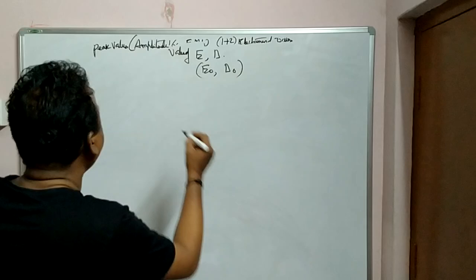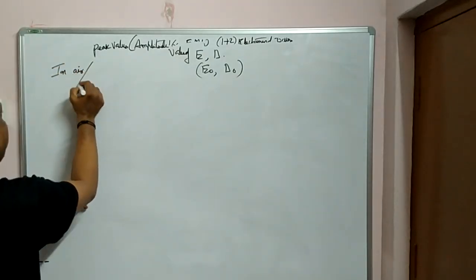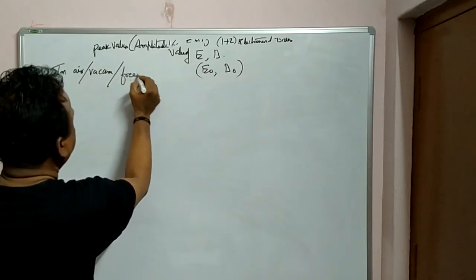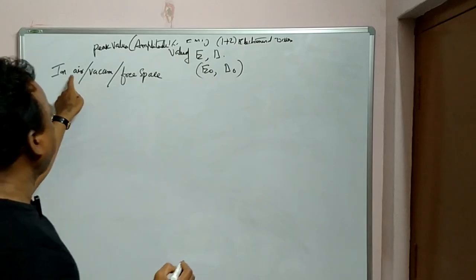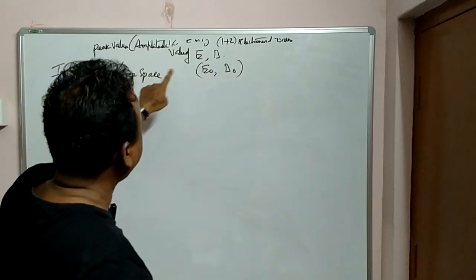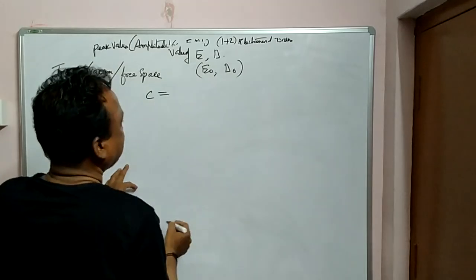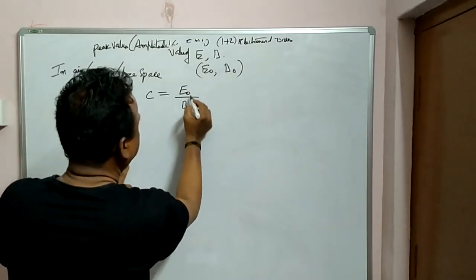Generally, in air, vacuum or free space, the speed of light is given by E0 by B0.